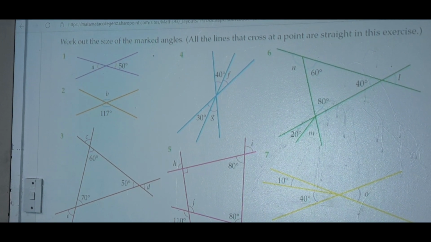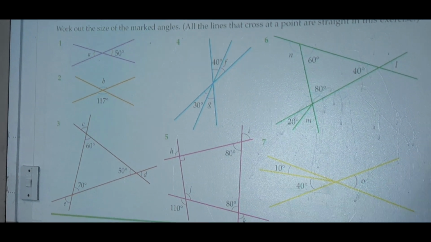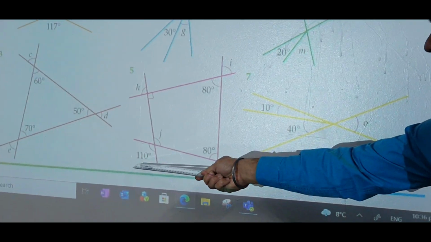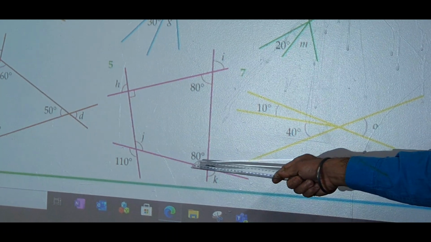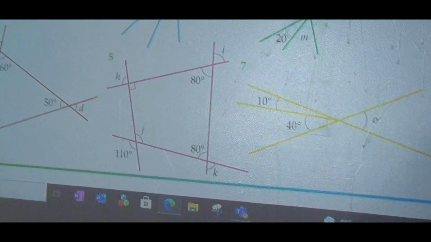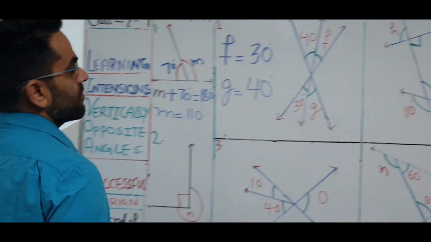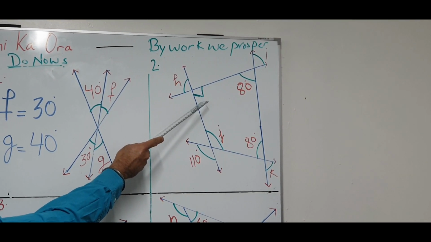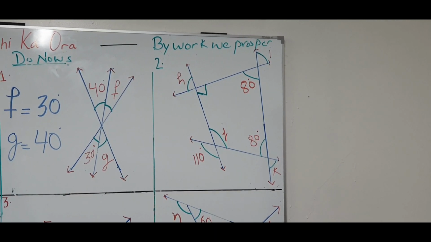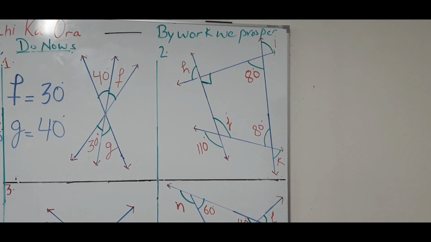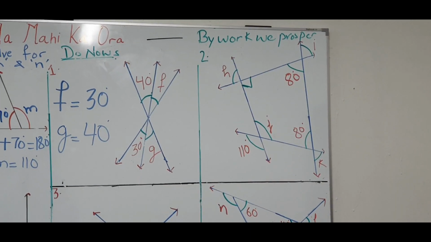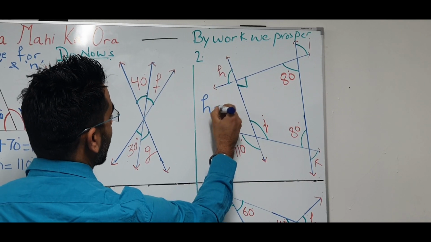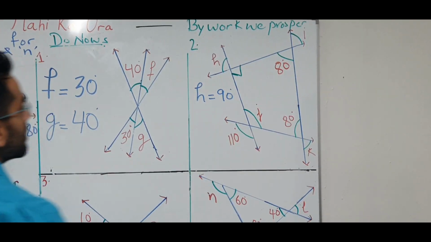Question number 5. You see one angle is 80, one angle is 110, and one angle is again 80. Look, there is a square box, which means that angle is 90. So H is equal to 90. I'm going to write it here.